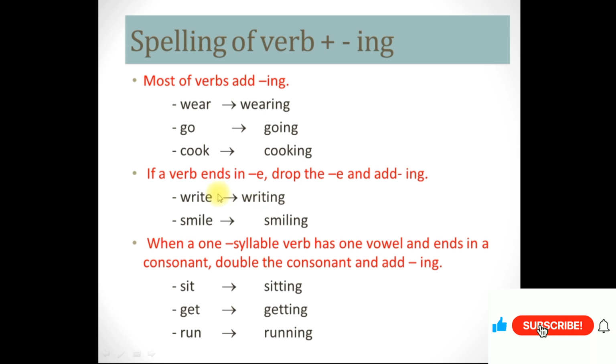And the last rule: when a one-syllable verb has one vowel and ends in a consonant, we have to double the consonant and then add ing. Like sit, a one-syllable verb with one vowel, I, and ending in a consonant, T. Before you add ing, we have to double the consonant, so T must be doubled: sitting, like getting, running.